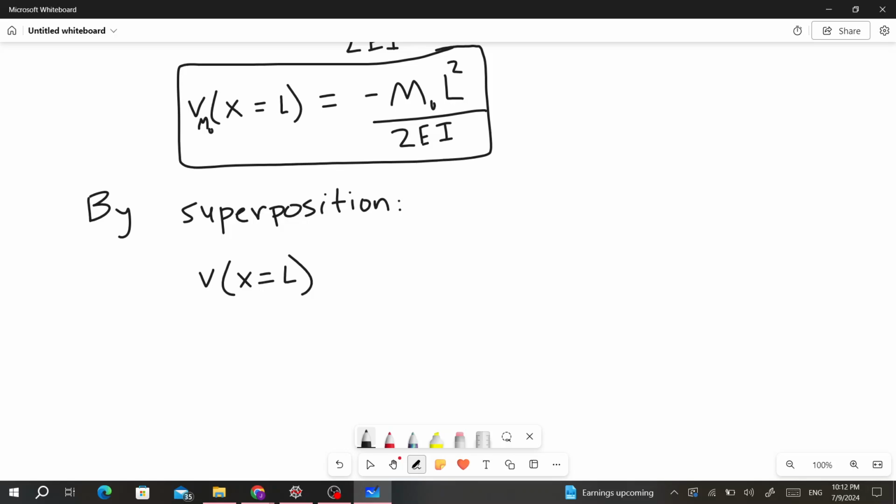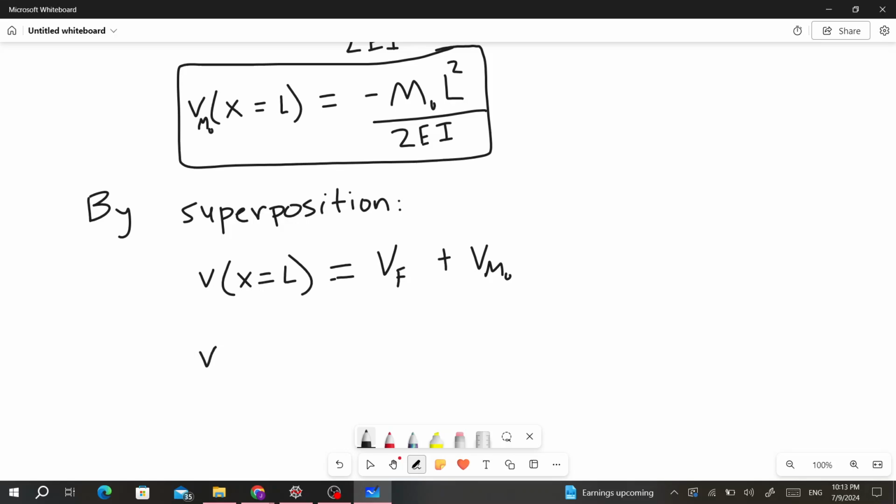The total v at x equals L is equal to the v caused by the force F in addition to the v caused by the moment M naught. And then we just sum up the two expressions that we've derived.